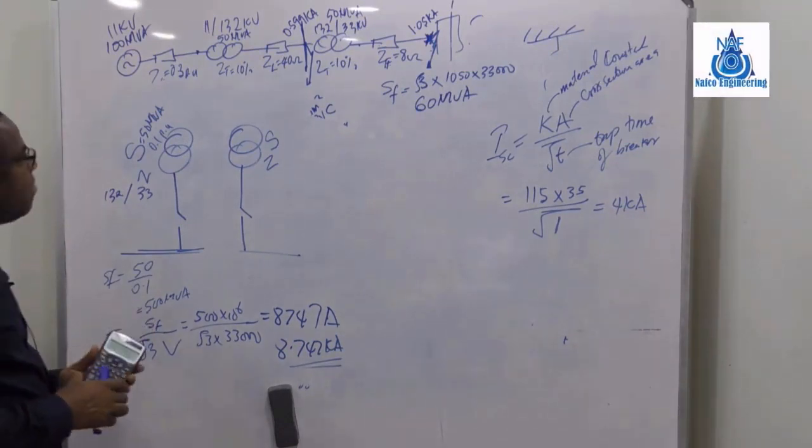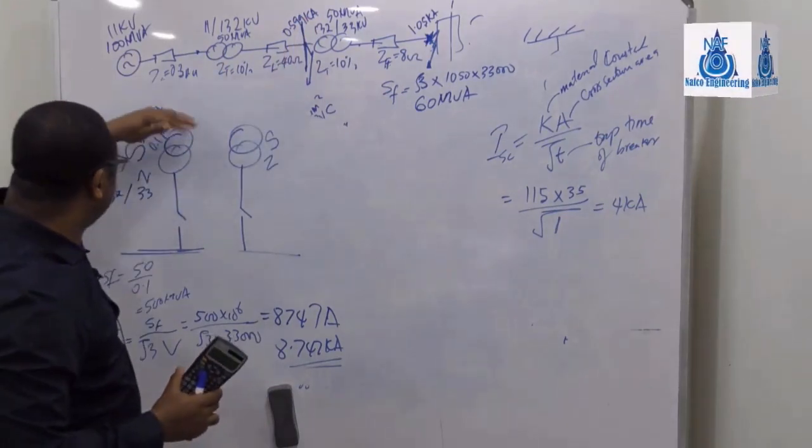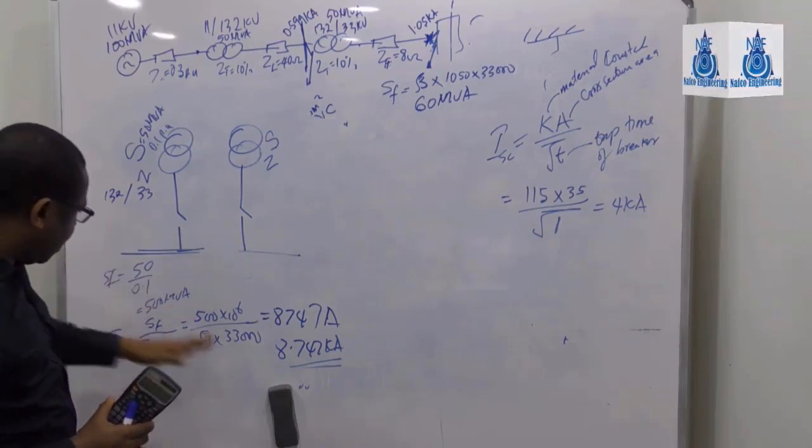That's the fault current that will be here, if I assume the source is infinite.